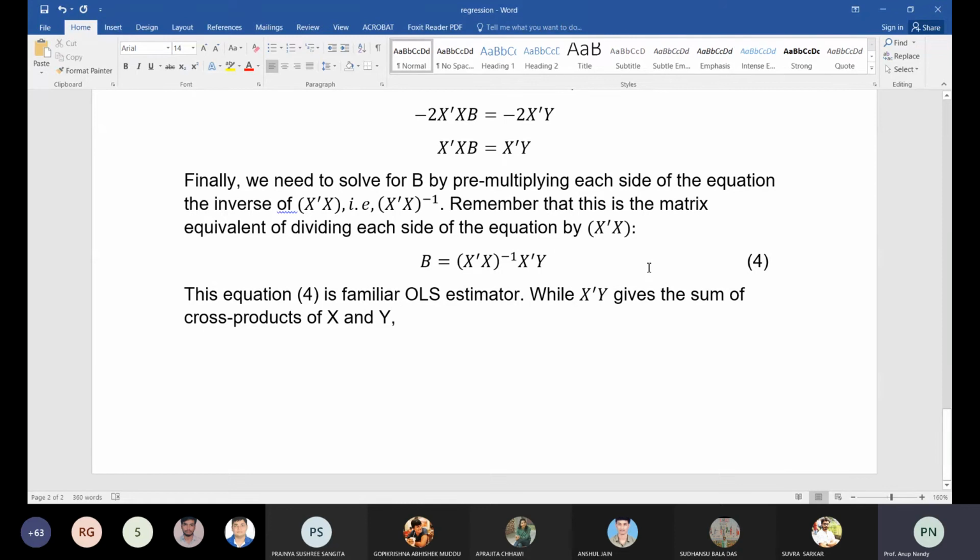And x transpose x, that we have already done, gives us the sum of squares for x.